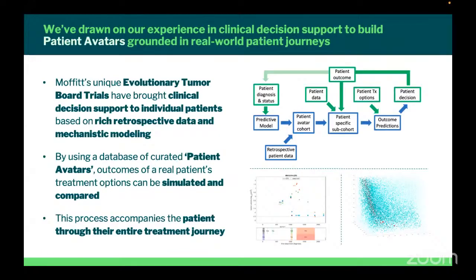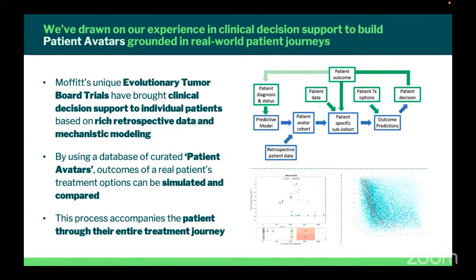And so in the evolutionary tumor board, we brought into that process data analysis, math modeling, evolutionary theory, and physical-based modeling to bring more information to these decisions, which sometimes are made from a more intuitive clinical perspective, but this can add quantitative weight to the analysis of why you choose to do something.